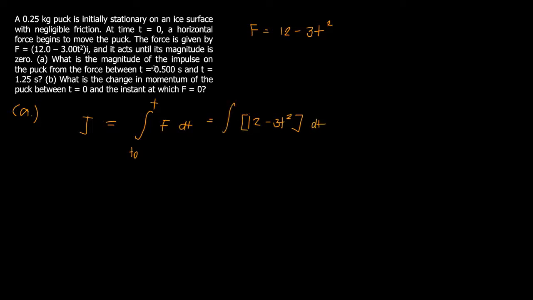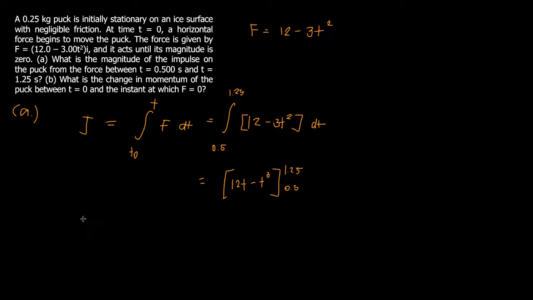From t, ano yung initial condition niya? That is 0.5 seconds. Ano yung final condition? That's 1.25 seconds. Okay. So if you take the antiderivative of this function, that's gonna be 12t minus t cubed from 0.5 to 1.25. So kung nag-take ng basic calculus, pang walang C, we don't include that here, since definite ang ating integral.